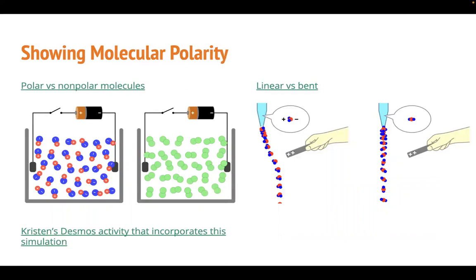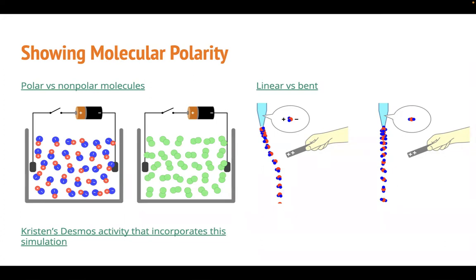All right, so molecular polarity, always an interesting topic with the kids. So two different Javalab simulations here. The first one on the left is polar versus nonpolar. There's a button on the bottom that says run, and when you hit run, the circuits on each of these will close. Then our polar molecules here will align themselves and line up in fields.